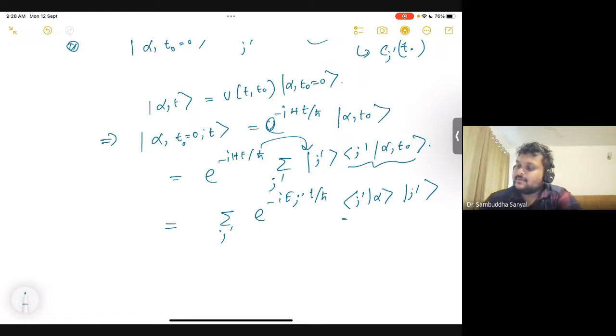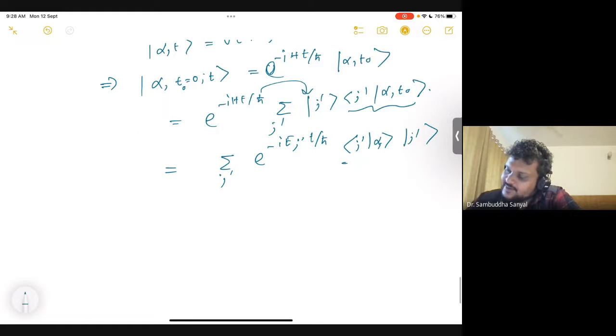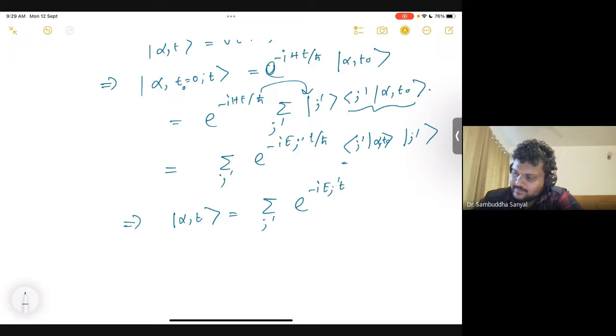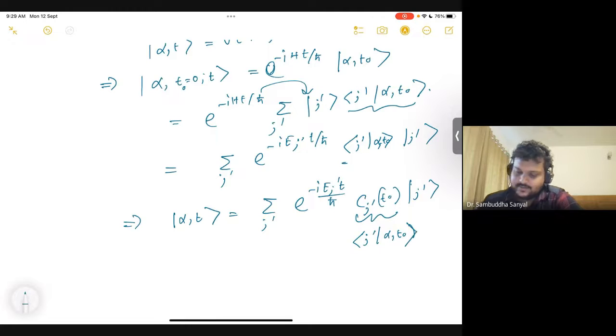So I am dropping the notation t naught for the time being, or let's keep it. It's not a big deal. So then alpha t is the sum of Cj prime t naught times the ket j prime, because this is nothing but <j'|alpha t naught>.